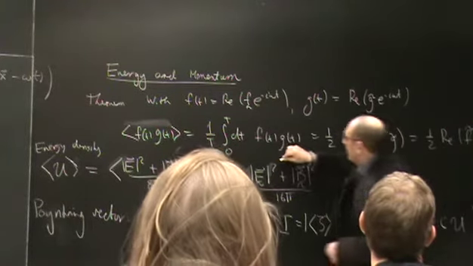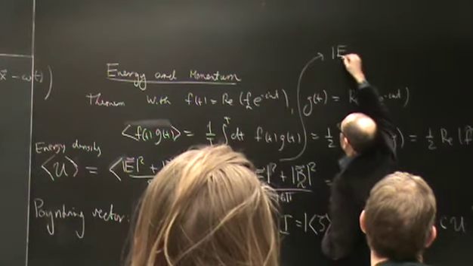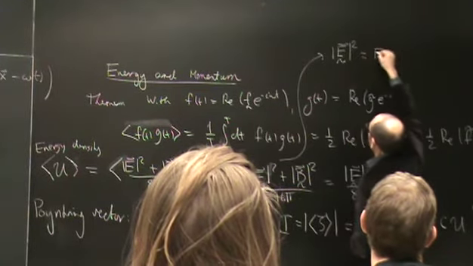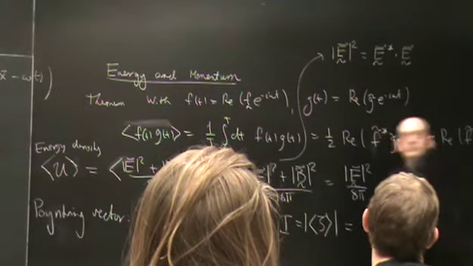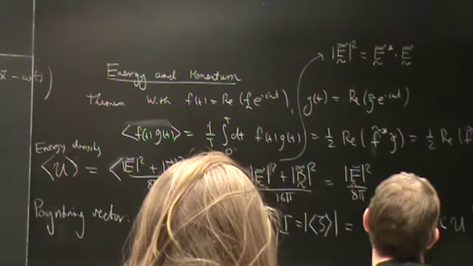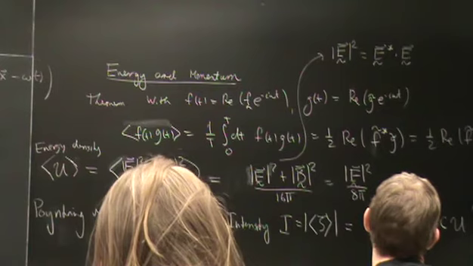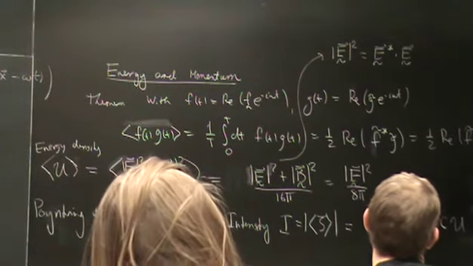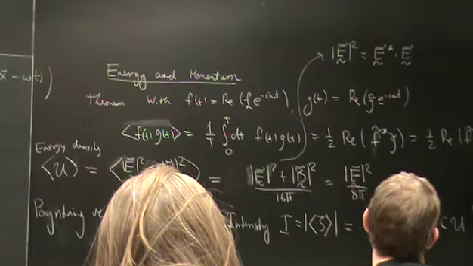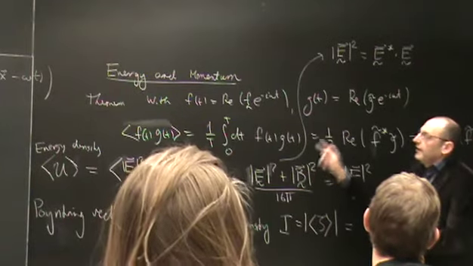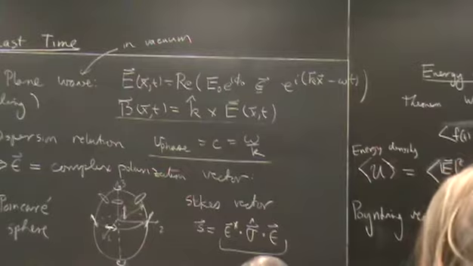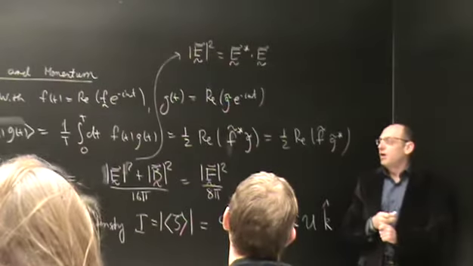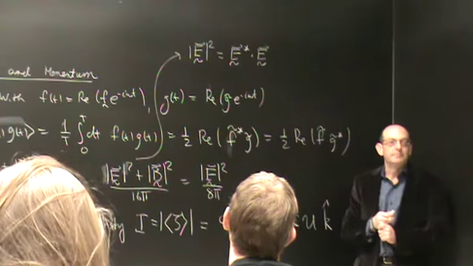When I write an expression like E twiddle squared, what I mean is E twiddle star dot E twiddle, taking the dot product, the magnitude of the vector and each of the complex amplitudes as well. And since for a plane wave in vacuum the magnitude of the electric field and the magnitude of the magnetic field are equal, the energy density averaged over time is given by this expression.